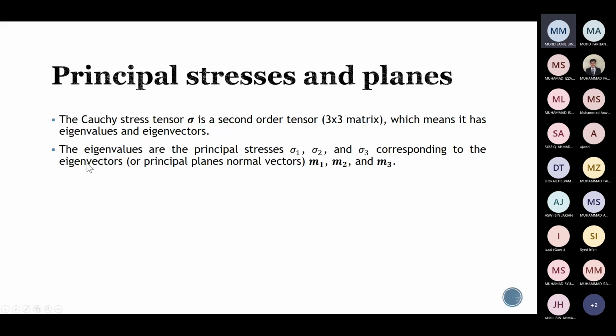The eigenvectors are the principal planes, or the normal vectors of the principal stresses, M1, M2, and M3. To determine the principal stresses and planes for the Cauchy stress tensor, you need to find eigenvalues and eigenvectors. We have learned about this, so it's just a revision on how to determine eigenvalues and eigenvectors.